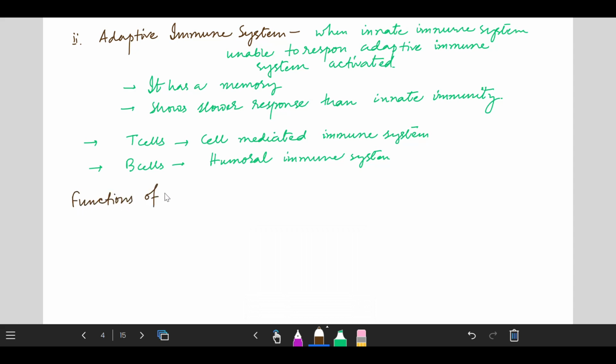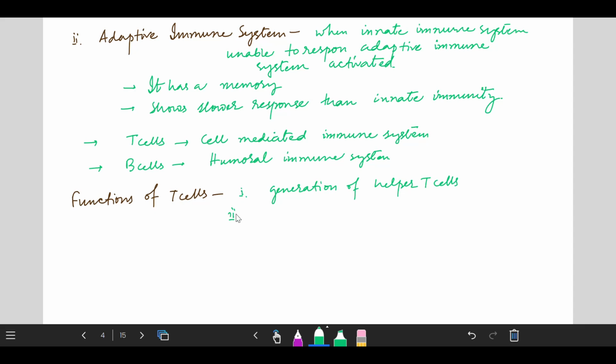First function is they use chemical messengers to produce another helping cell, that is known as helper T cells, to start the adaptive immune system. It means T cells need to activate the helper T cells for starting the function of the adaptive immune system. So generation of helper T cells occurs. Second function is they detect the infected cells after generation and destroy them by using another kind of T cells, that is known as cytotoxic T cells.